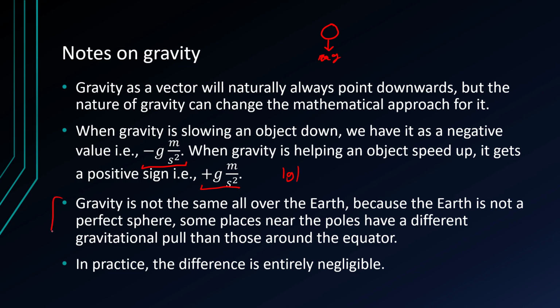So, as I said in this little paragraph here, in practice, the difference is entirely negligible. The difference is only about 0.01 meters per second squared throughout different places. So with the use of our significant figures, that difference is just entirely forgotten about, and we always use g as 9.8.